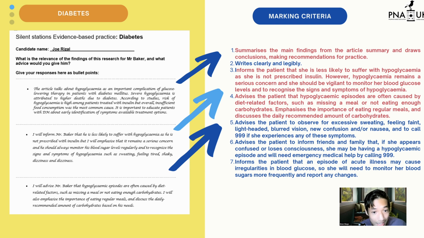According to the studies, risk of hypoglycemia is high among patients treated with insulin, but overall, insufficient food consumption was the most common cause. It is important to educate the patient with diabetes about early identification and symptoms, available treatment options. So that is just summarizing the article.